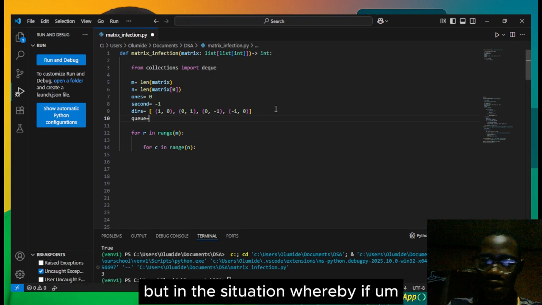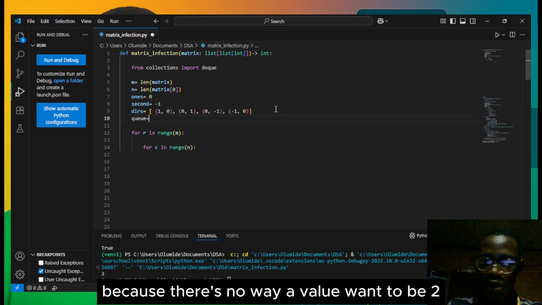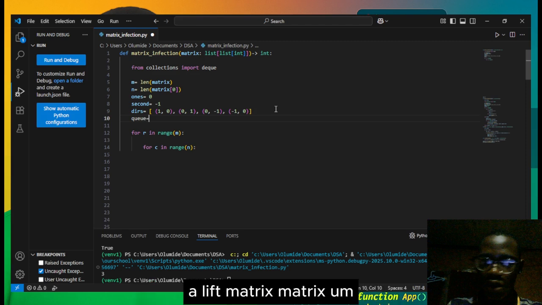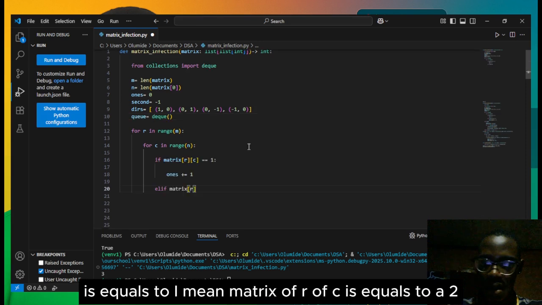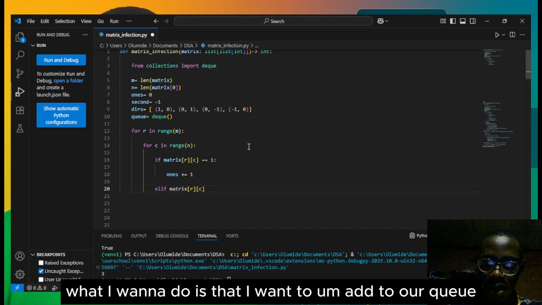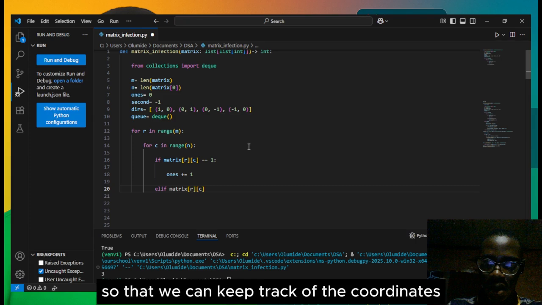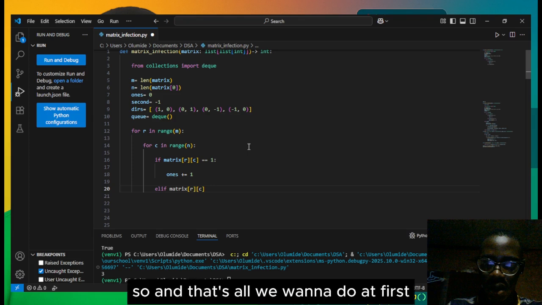But in a situation where matrix of R of C is equal to 2, because the value is only going to be 0, 1 or 2, we want to add to our queue. So q dot append a tuple of R comma C, so that we can keep track of the coordinates of an infected cell. That's what we want to do at first.